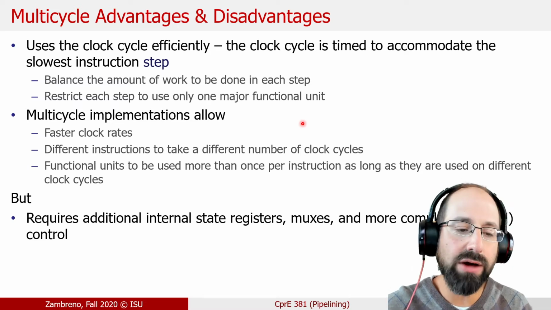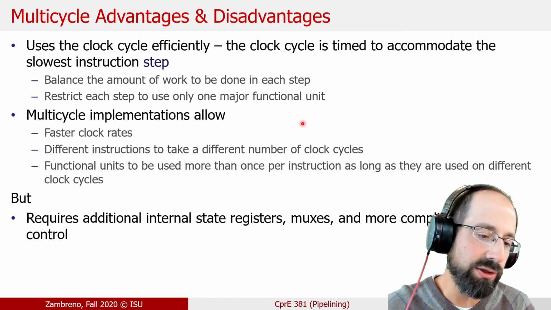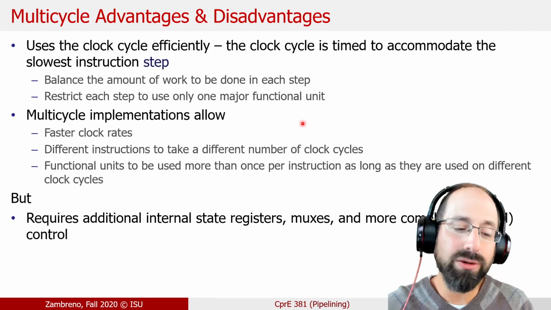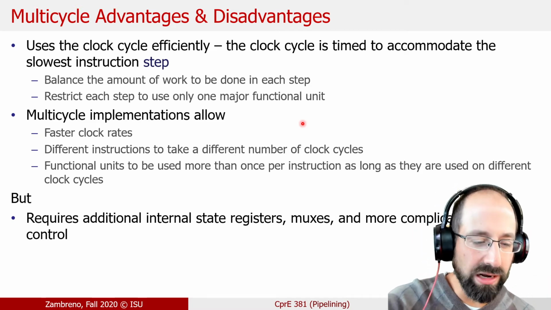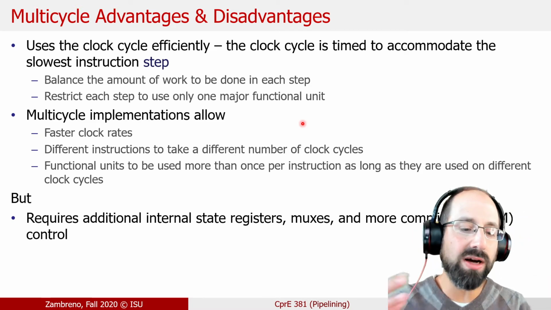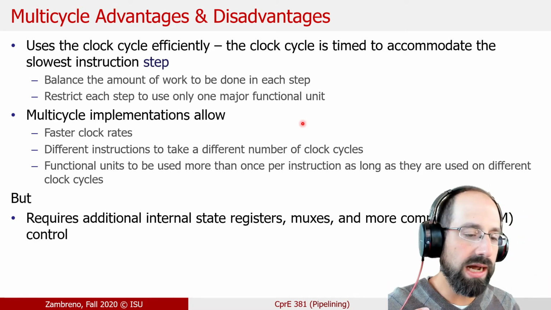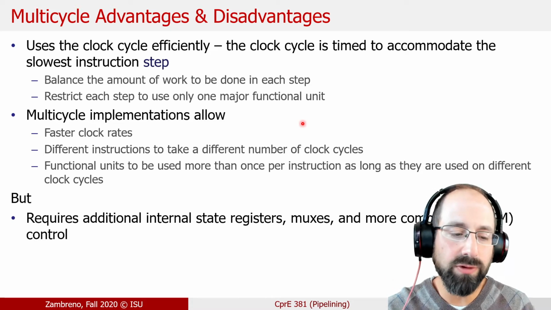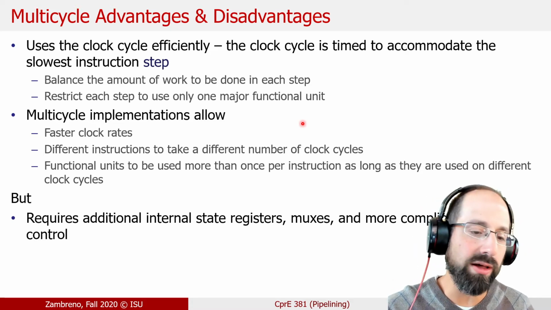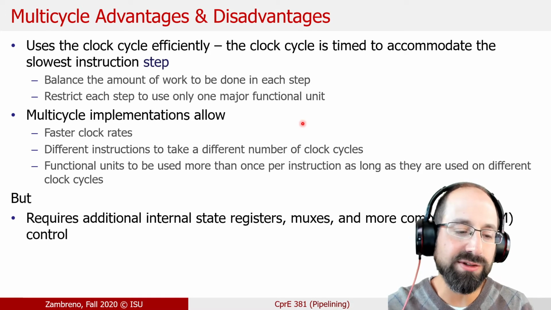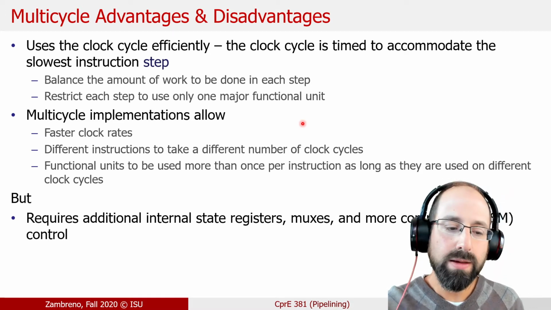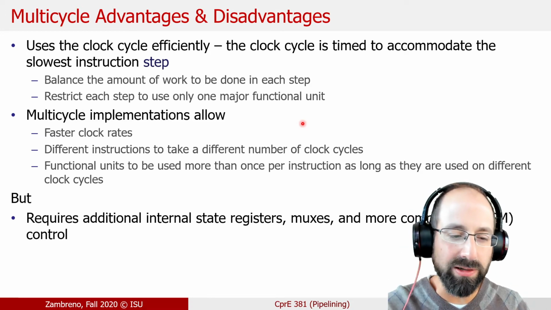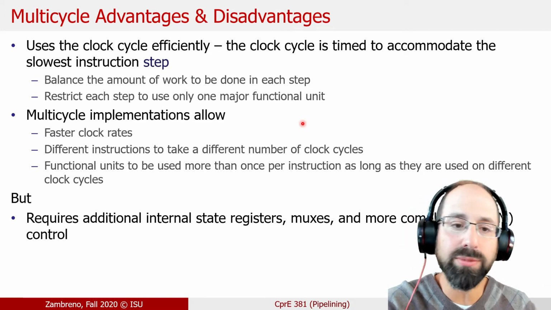It does allow a couple things. It does allow us, again, to more efficiently use our clock cycle. It, in theory, would require less overall hardware. We do have to add those additional registers and expand upon our muxes to be able to implement it. But we've saved some other components as well. It would be hard to say for certain the multi-cycle uses less hardware than the single cycle data path, but in that hand wavy kind of way where we look at it and it seems like it does, it probably does.